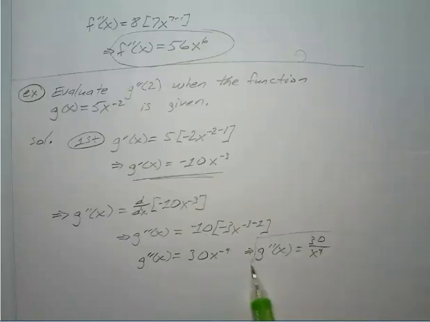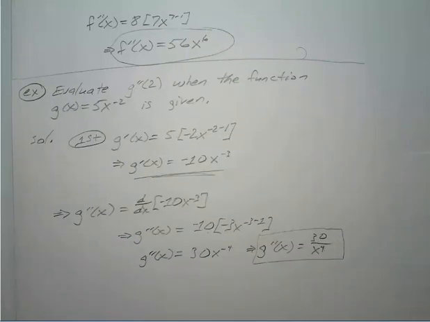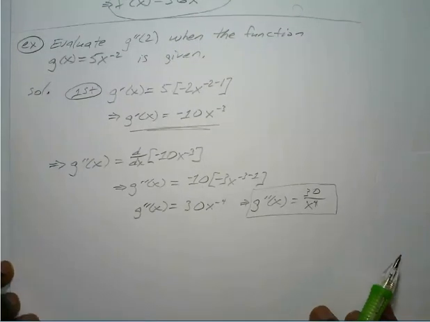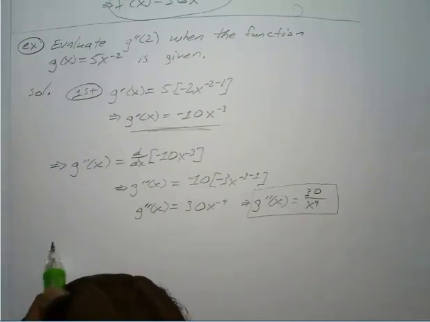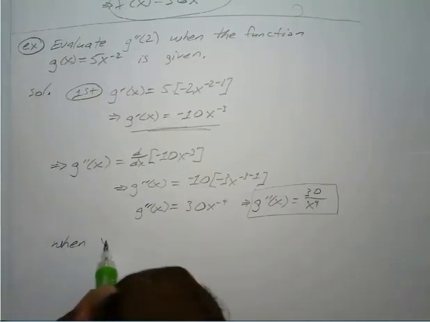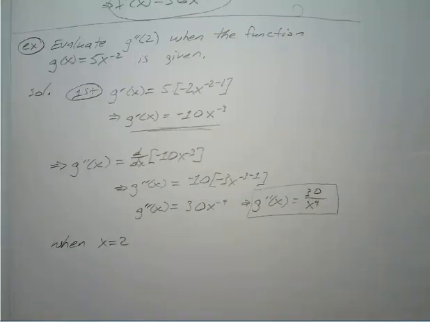Alright, you put a little square on that one, even though that's not our final answer, we're still working. Alright, so when x is equal to 2, that will give us our second derivative at that point.